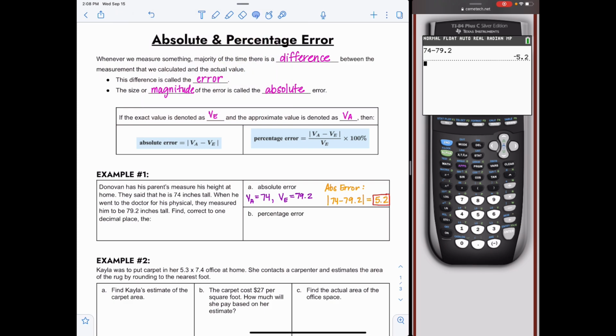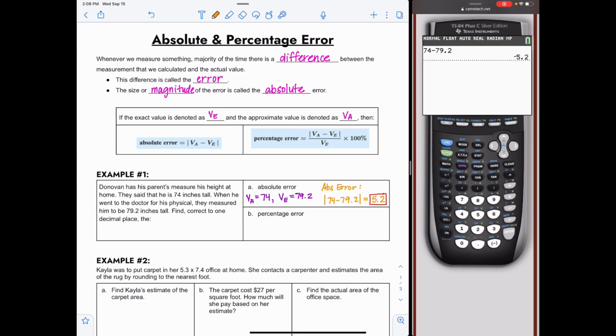Okay, so now let's look at part B. Part B, we want to find the percentage error. So we can just take our numerator, which is the absolute error, and divide it by our exact. We know that our absolute error was 5.2.